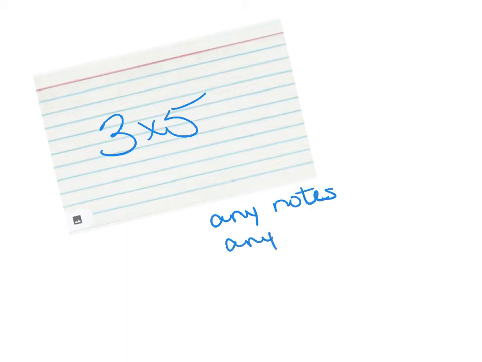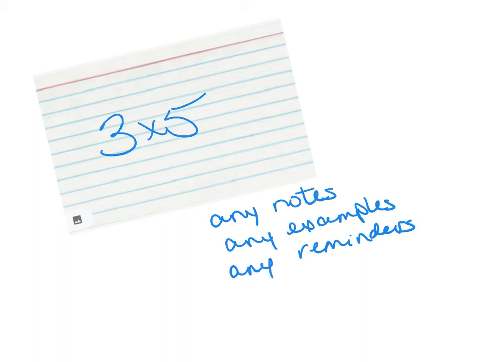Then you do get one 3x5 note card. 3x5 note card, not the big ones, the regular size ones. You can put any notes, any examples, any reminders that will help you on the test.